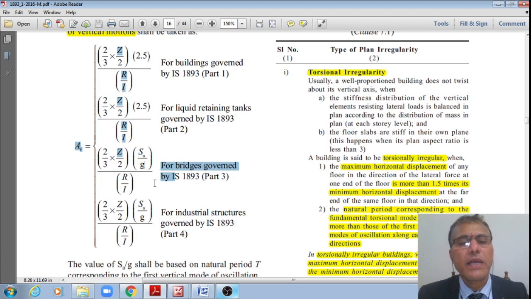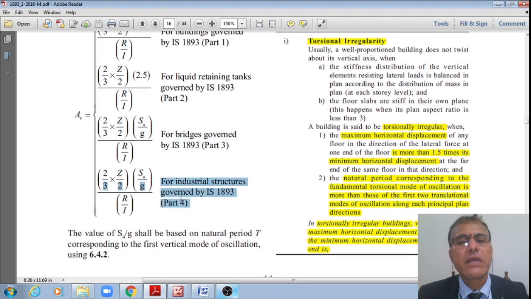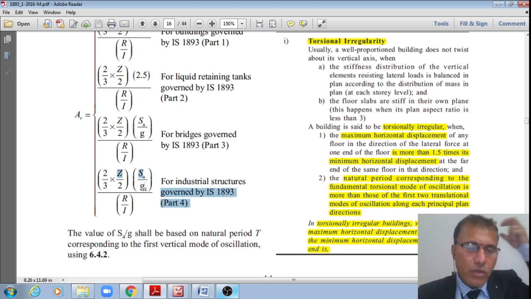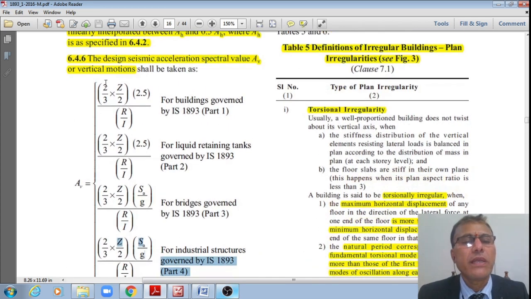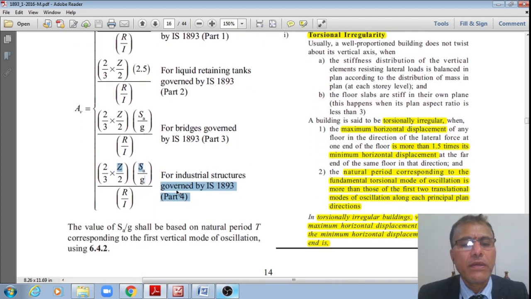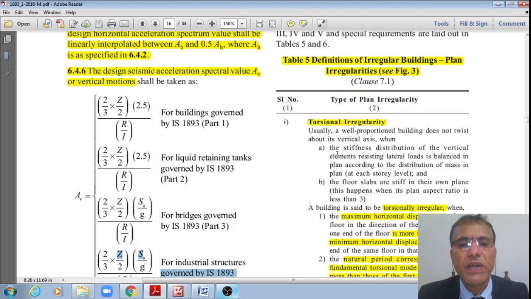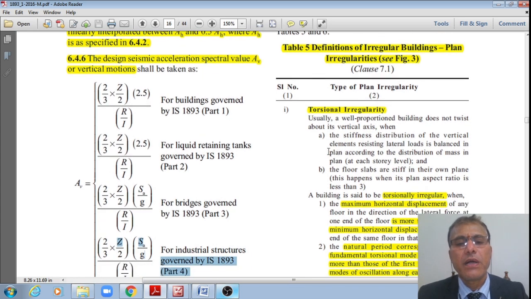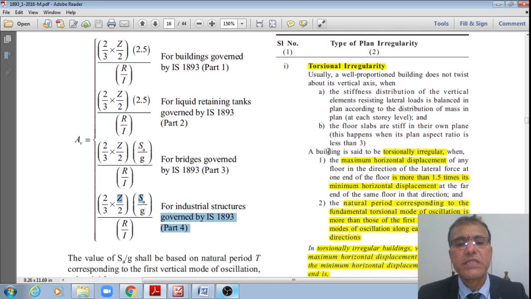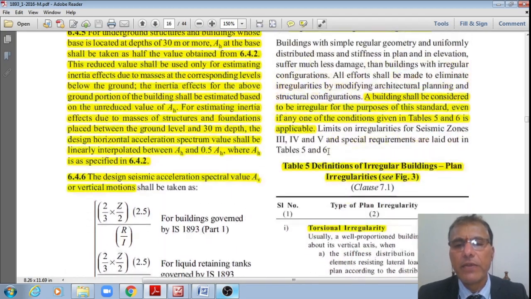Whereas for industrial structures governed by IS 1893 Part 4, it is the same: whatever that Sa by g is, you multiply with 2 by 3. In each of these cases, it is two-thirds only. Sa by g is 2.5 for buildings and liquid retaining tanks, whereas for bridges and the other industrial structures, it is purely the Sa by g value.